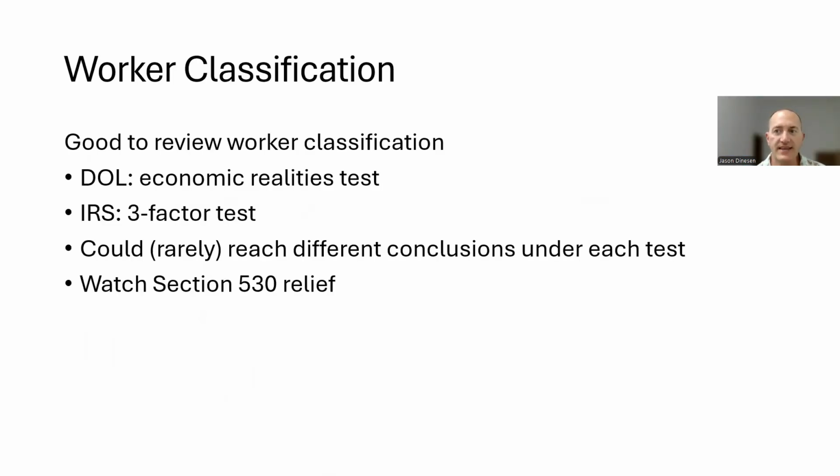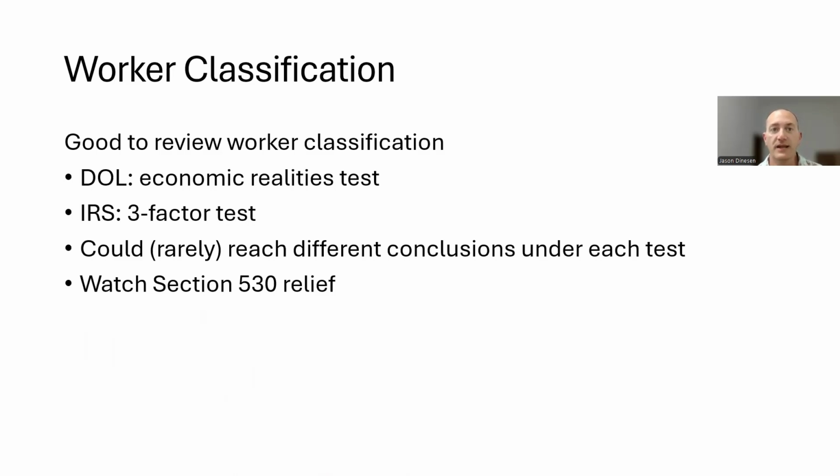Let's review worker classification quickly. When you have a worker, someone performing services for you, they are one of two things, and you only have two choices. They're either your employee or they are your contractor. There is no third option.